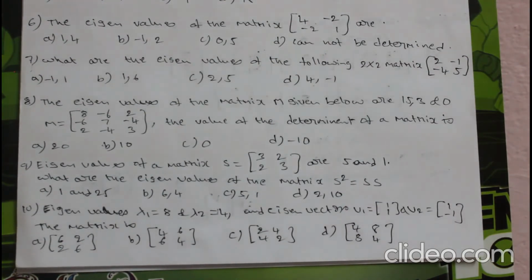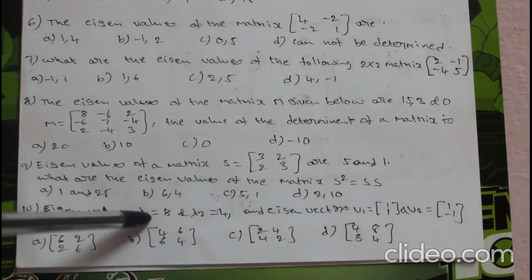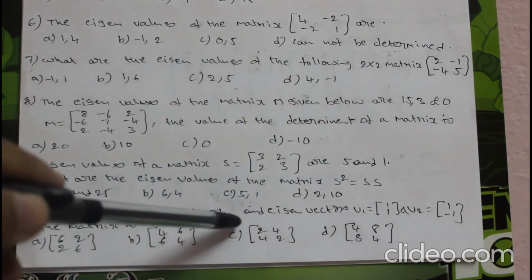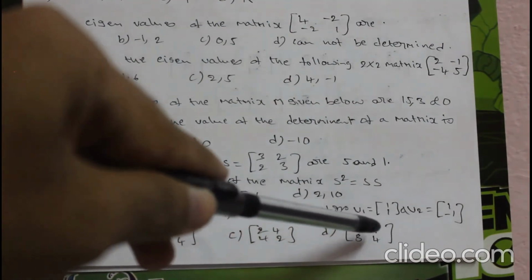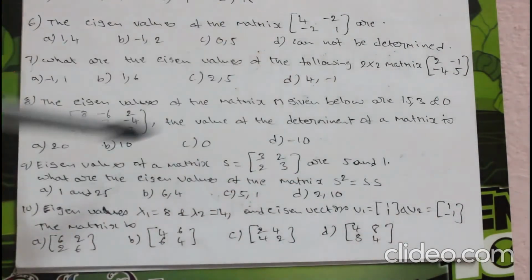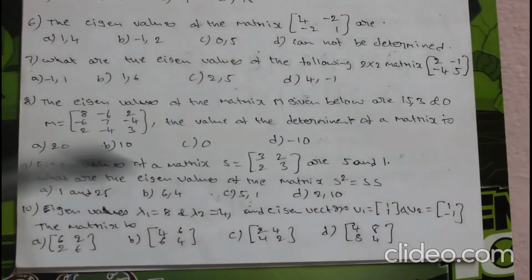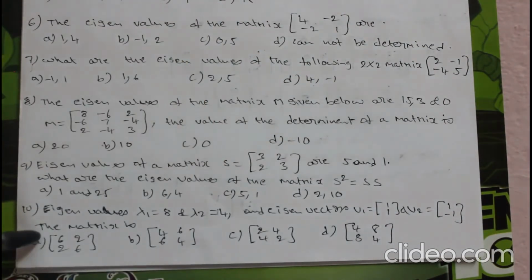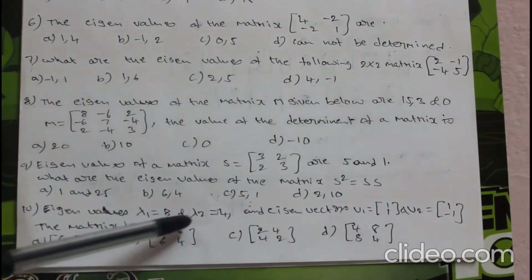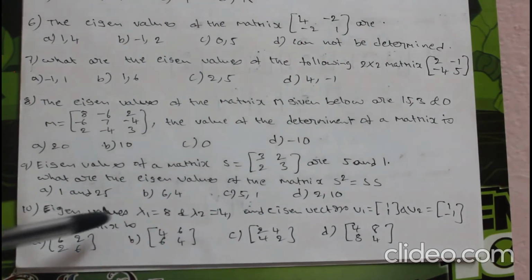Question number 10. Eigenvalues are given: lambda 1 is equal to 8 and lambda 2 is equal to 4, and eigenvectors are given: v1, 1, 1, v2, 1, minus 1. So here they have given eigenvalues and eigenvectors. They are asking for the matrix. So add the eigenvalues, 8 plus 4, that must be equal to the addition of the diagonal elements.